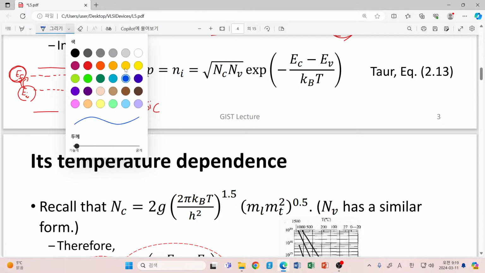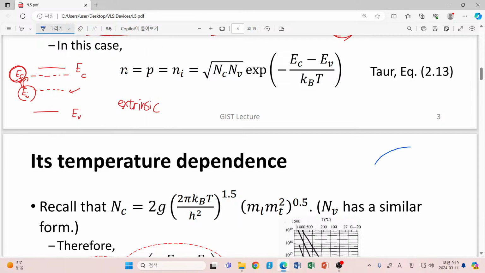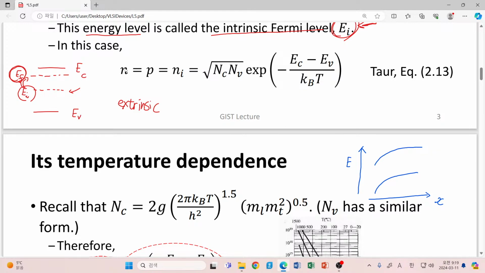In many cases, for example, the vertical axis is energy, and the horizontal axis is real space position. So for position wise, later we can see this typical case.